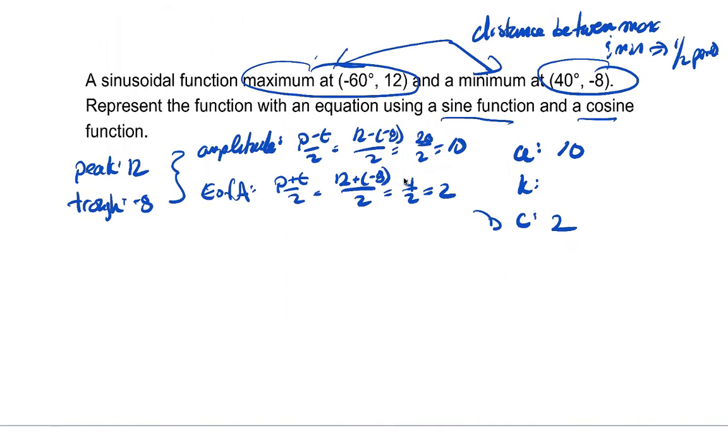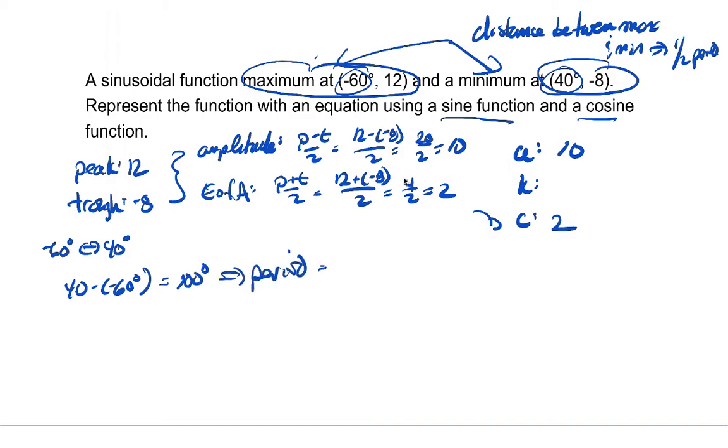So here we can say that the maximum is happening at negative 60, the minimum is happening at 40, so the distance from negative 60 degrees to 40 degrees, we calculate this as 40 minus negative 60, and so that's going to be 100 degrees, so that implies my period is 200 degrees. So how does that affect my K value? Well, K we know is going to be 360 divided by the period.